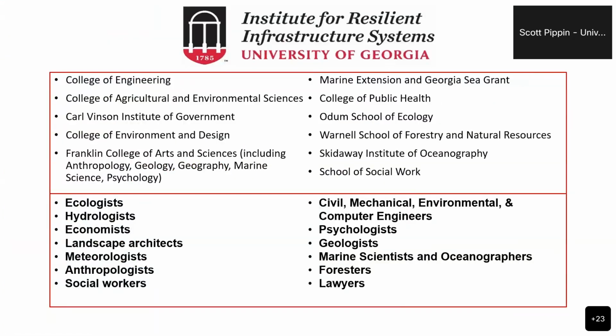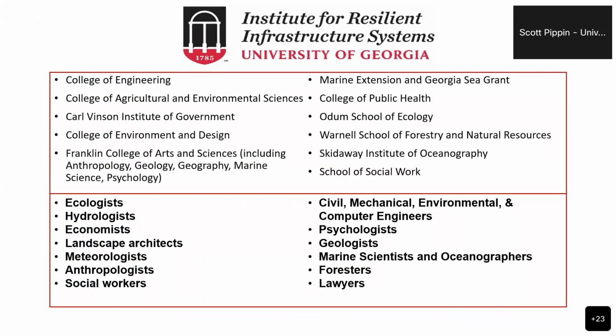And we bring in, as you saw from the previous picture, I think it's up to 40 some odd faculty members from across campus now, from virtually every college or department, every possibly connected expertise we could think of, from geologists to lawyers like myself, anthropologists, meteorologists, economists, and of course some engineers here and there, all to think about the various social, political, and technical aspects of doing this.